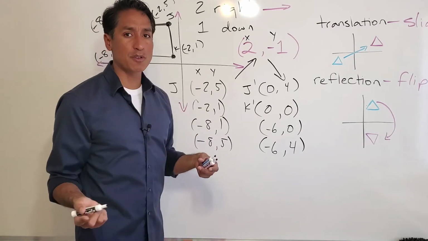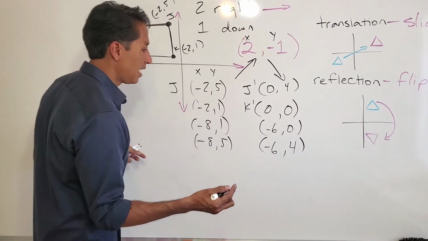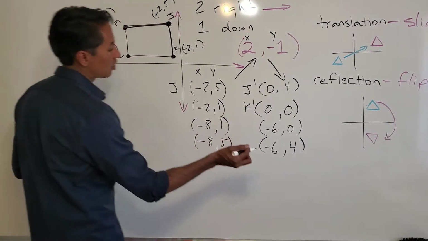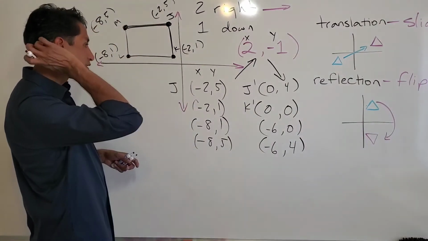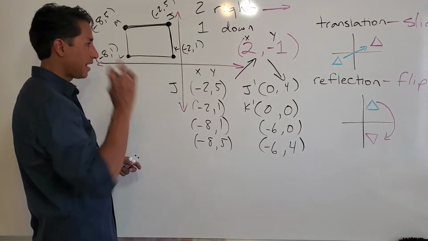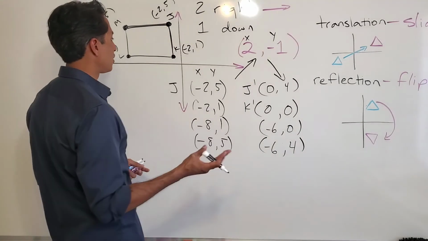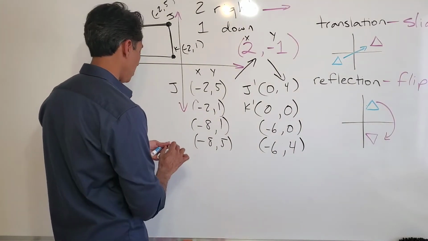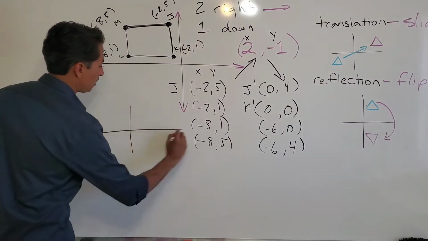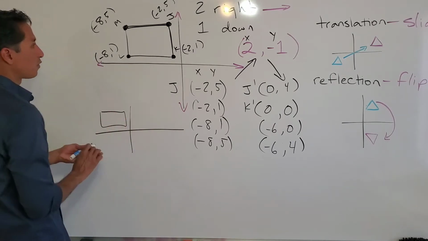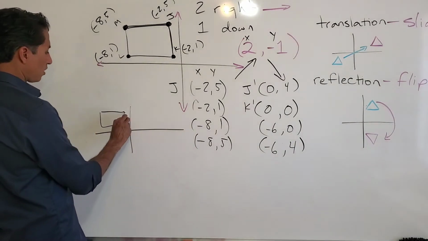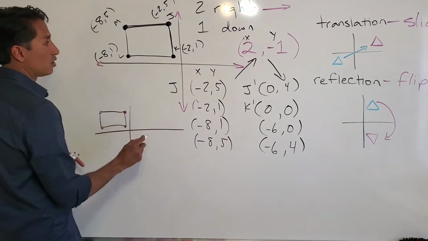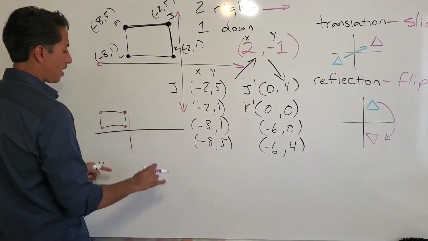Now, for some people, they might want to graphically do this and say, well, that's cool and all, Josh, but I would rather just redraw it and then figure out where the new points are. So what you would do is, and I'm going to go kind of quick through this part. If my little box was over here, all of these corners, all of these vertices would just shift 2 to the right and 1 down.